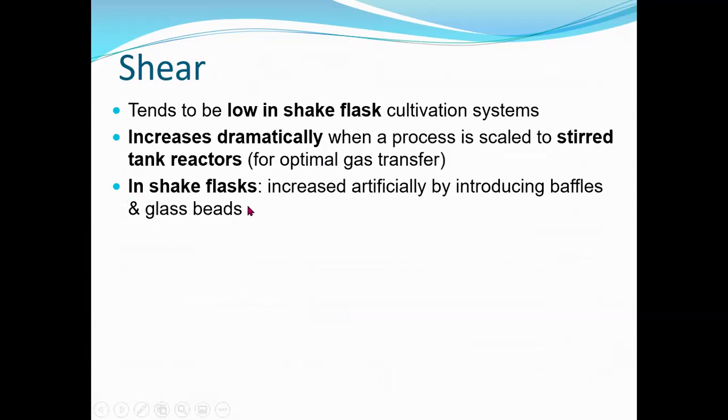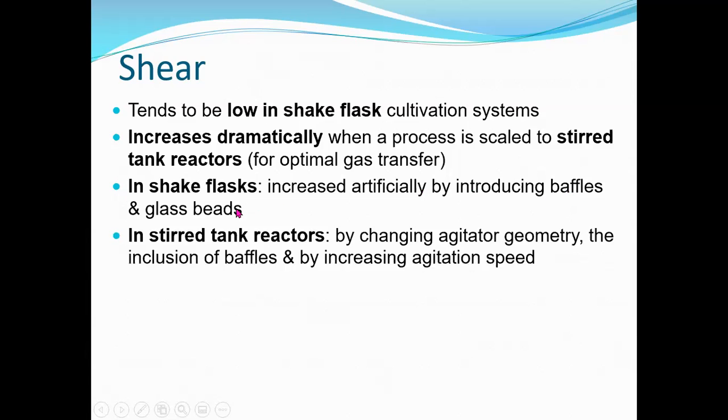In the case of shake flask, you can increase the shear artificially by introducing either baffles or glass beads. Whereas in the large scale, like the stir tank reactors, you can use different agitators or impellers, like disc impellers, agitators, and propellers.